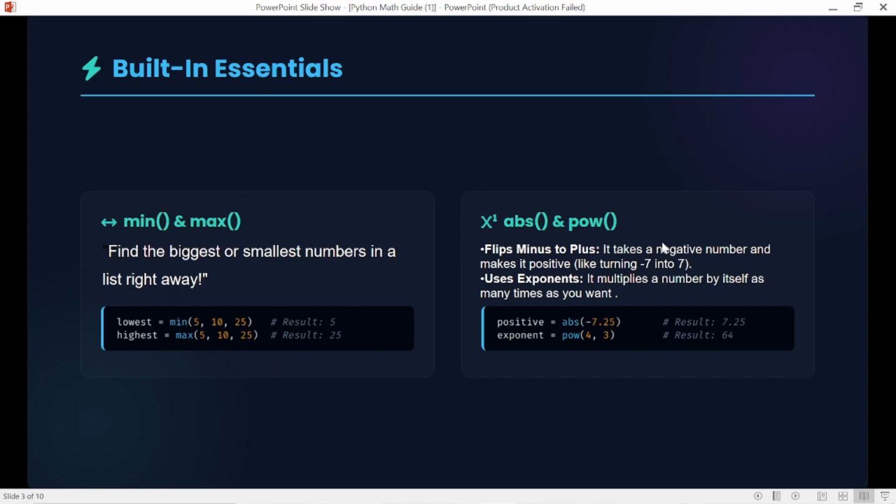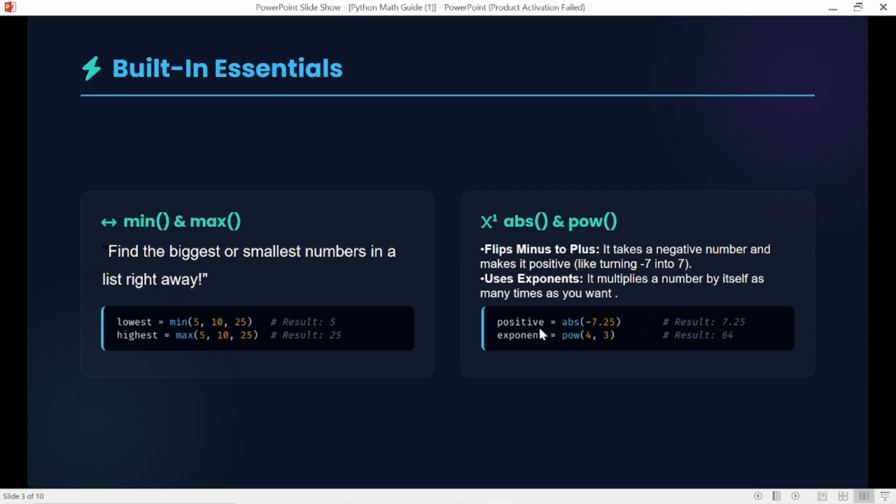The first method is abs. Abs means absolute value. I hope you have studied in maths what absolute value is. It flips minus to plus. It takes a negative number and makes it a positive number, like turning minus 7 into plus 7, meaning positive number 7.